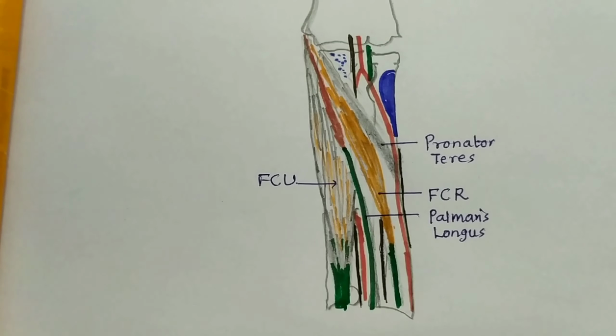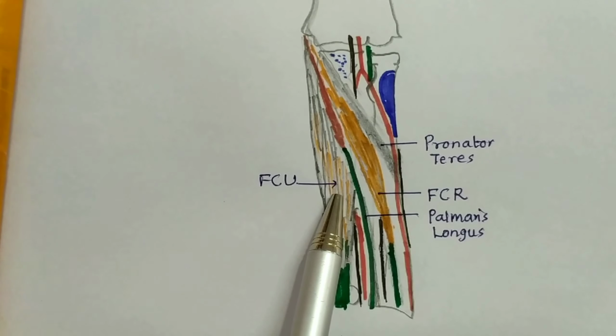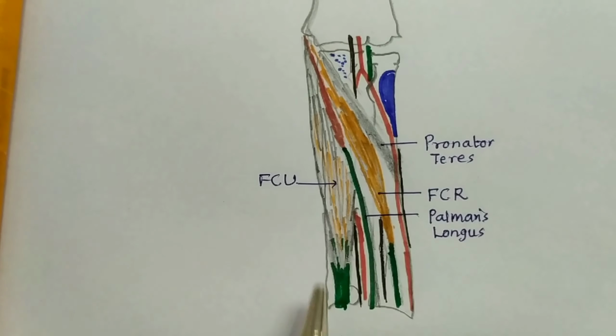So flexor compartment of forearm consists of 3 deep muscles and 5 superficial muscles. Out of the 5 superficial muscles, the flexor carpi ulnaris is supplied by ulnar nerve, and remaining 4 muscles are supplied by median nerve.